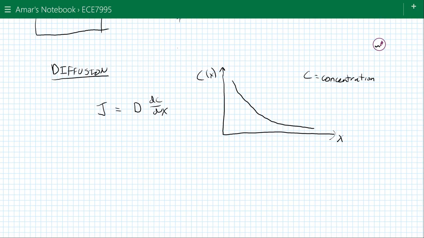So the molecules that are over on the left side here are going to diffuse this way. So there should be a negative sign here in this case. So the concentration gradient, the slope of this curve, multiplied by the diffusion coefficient, is equal to this diffusive flux J.